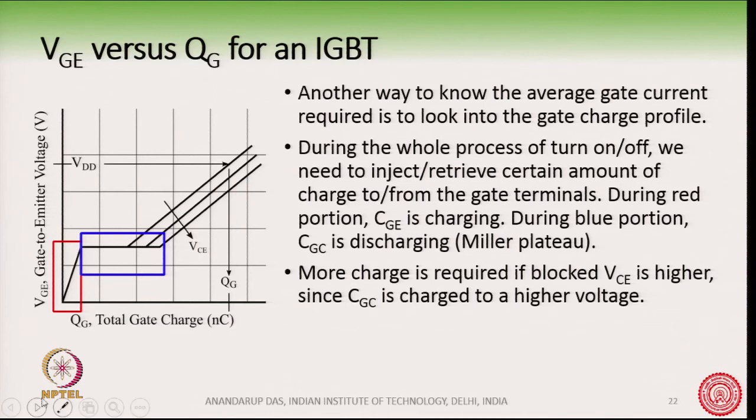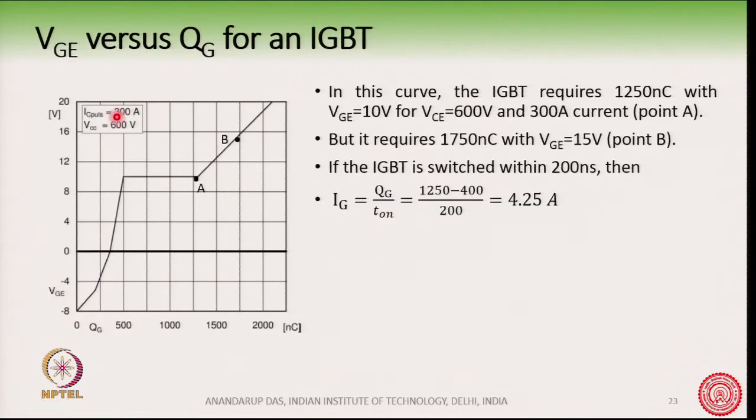Fine. So, here is a more specific example, which is again taken from the same data sheet of the device which we talked about earlier, and here you can see the values given. So, this is the whole turn on process.